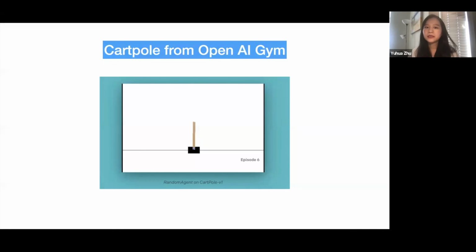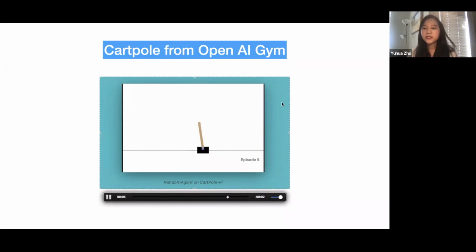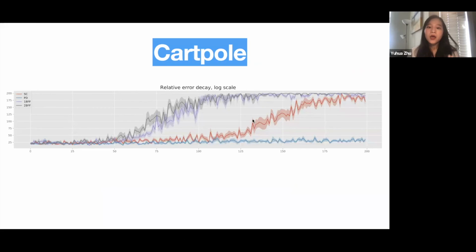We also test our method on the CartPole example from OpenAI Gym. Since the underlying dynamics for this example is actually deterministic, we put some noise into the dynamics. We can see that our method, the y-axis is the value function, increases the value function fastest.